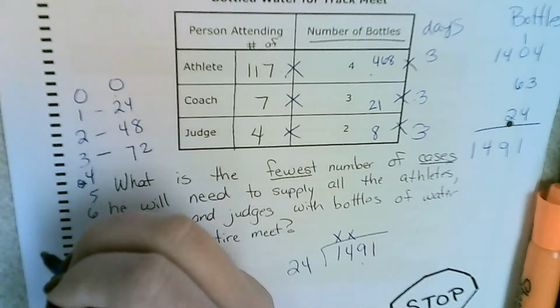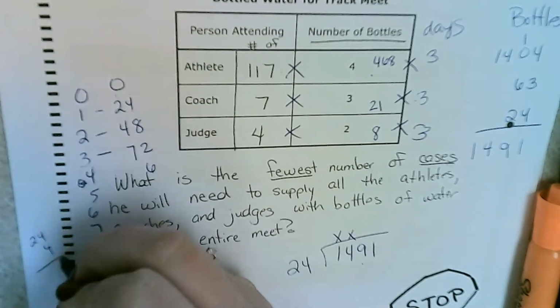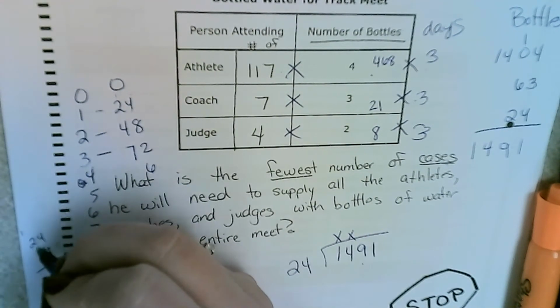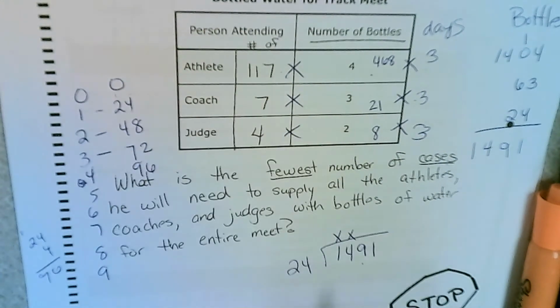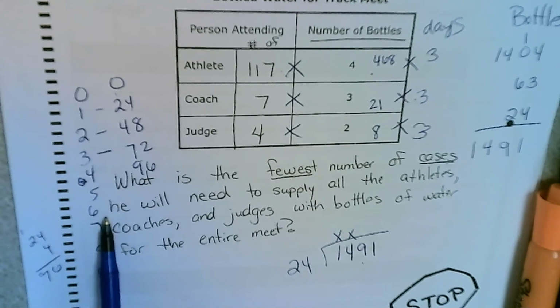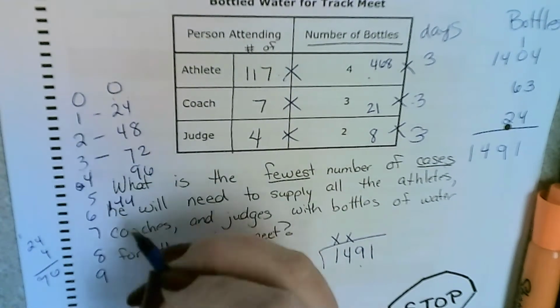So 4 times 24, let's see, 4, 8, 96. Still not there, so I'm going to go up to 5. Actually, it's going up a little slow. I'm going to go ahead and skip to 6. All right, 6 times 24 is 144. Okay, so that one is closer.